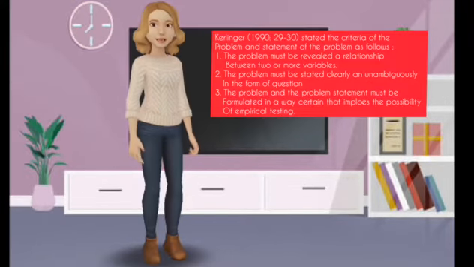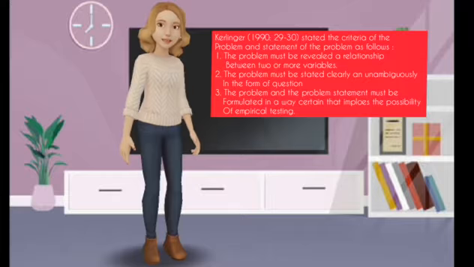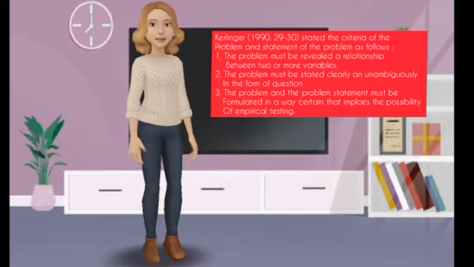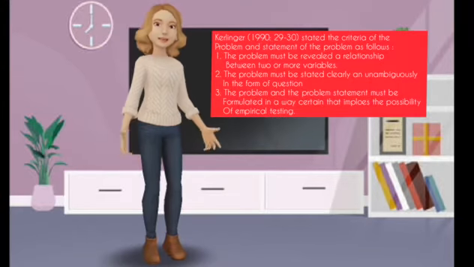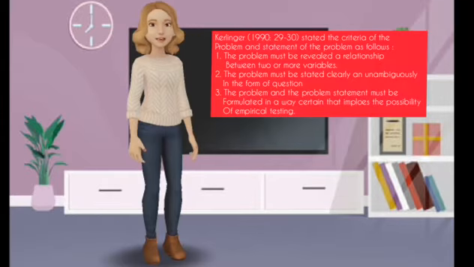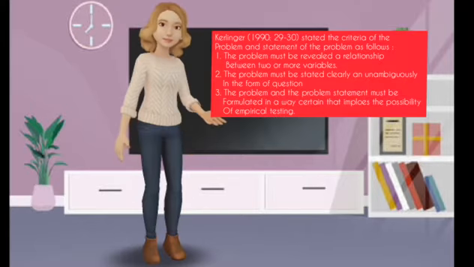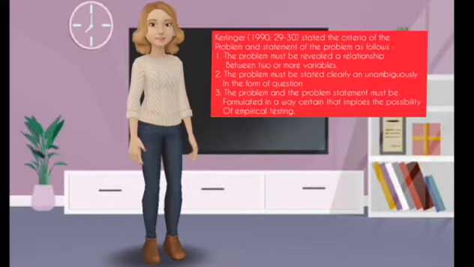Menurut Kerlinger 1990, 29 and 30, state the criteria of the problem and the statement of the problem as follows. 1. The problem must be real, valid, a relationship between two or more variables. 2. The problem must be stated clearly and unambiguously in the form of a question. And 3.